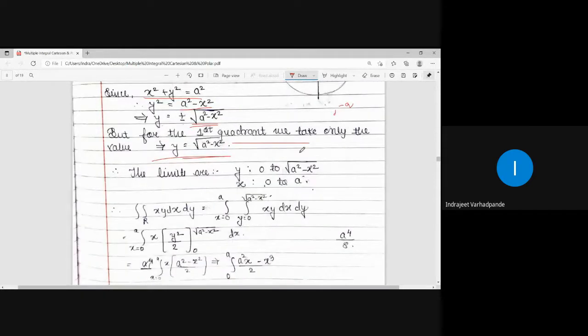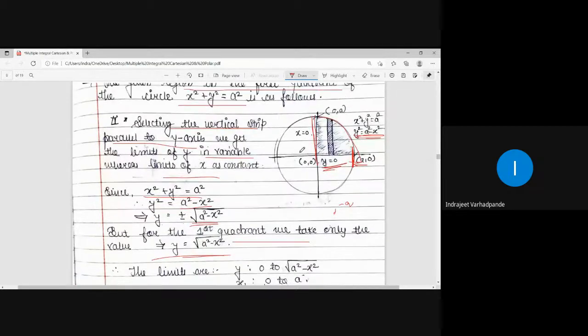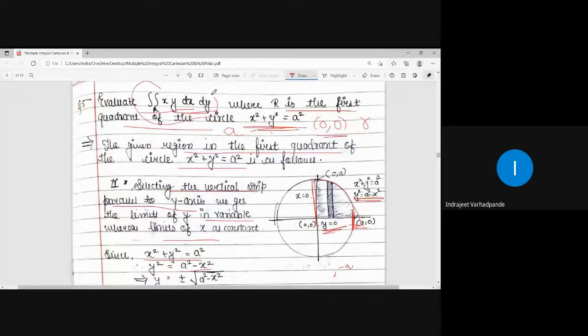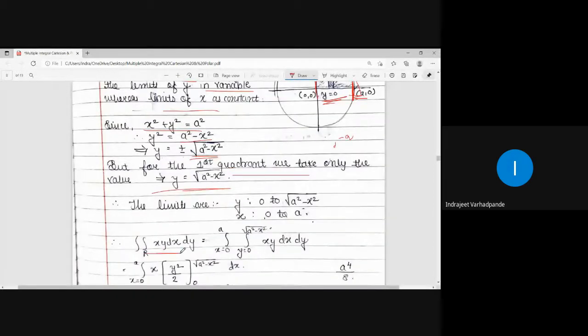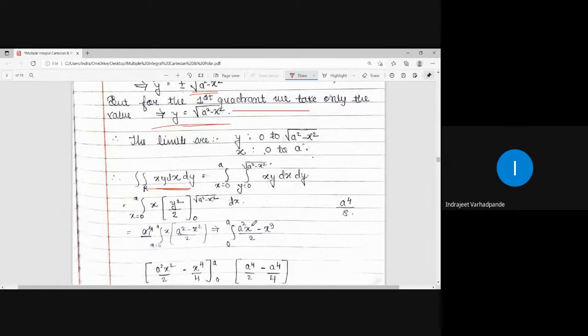Since we have got the variable limits for y, integration with respect to y will be done first and then integration with respect to x. So this particular integrand, the double integral over R of xy dx dy, is now converted to the integral x equal to 0 to a, integral y equal to 0 to under root of a square minus x square of xy dy dx.